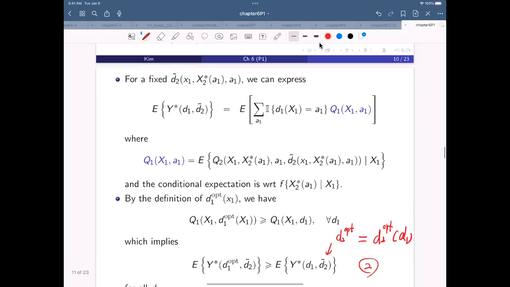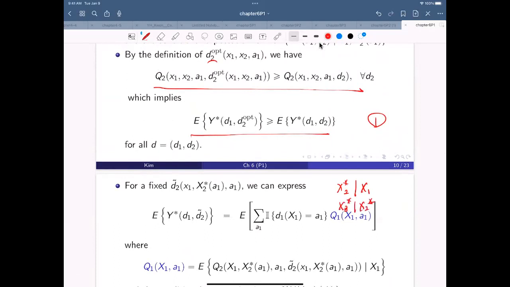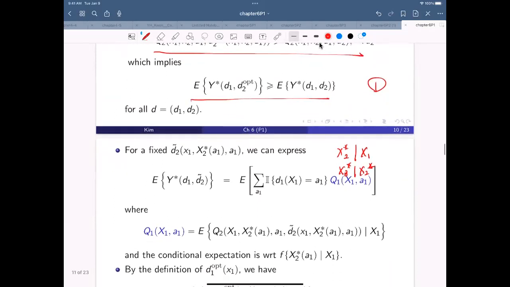Right, but I guess the stochastic nature matters, because X2 star depends on X1, so the model that we assume is this way. Otherwise we can still. I see your point. We can of course do the forward optimization, but then you need a kind of model which does not make sense.